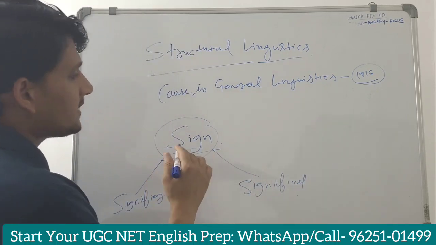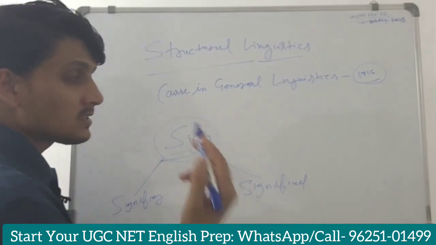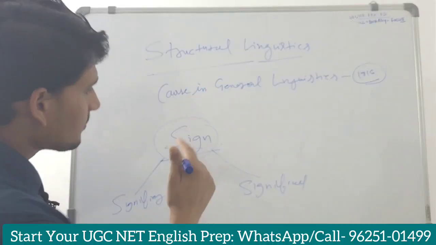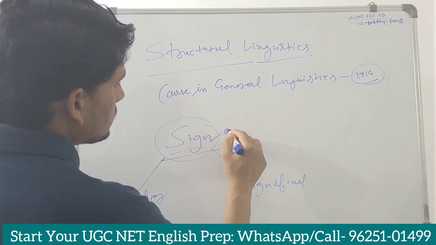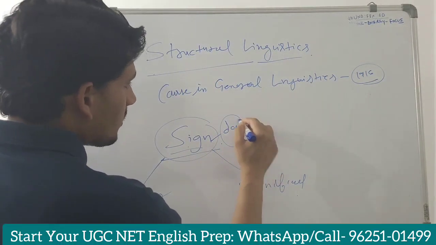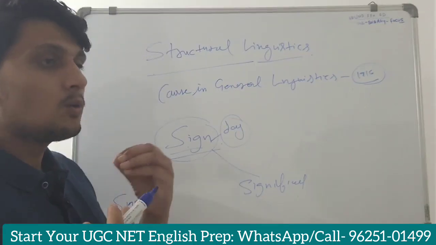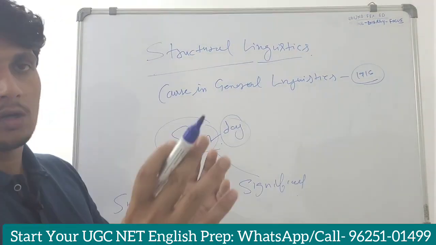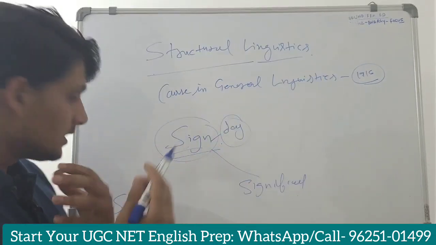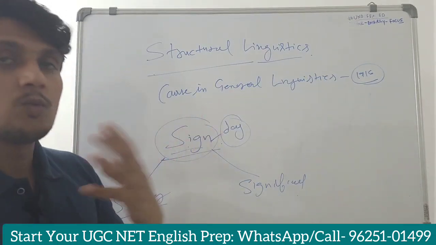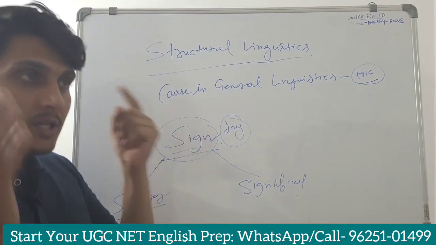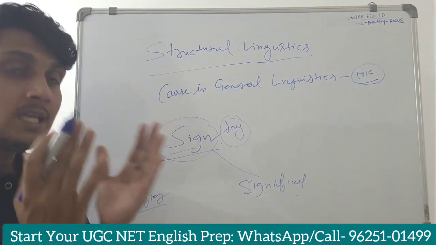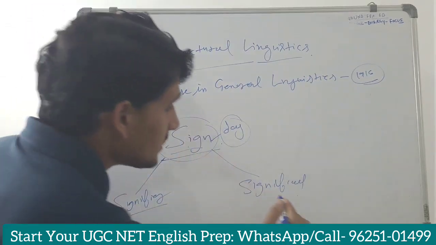This sign can be a text, a human, or a word. For example, this sign word is dog. The word sound, the sound that it creates the moment you say dog, is a signifier. The sound of the word is a signifier. But the picture, the concept, the meaning that you get out of this word is called the signified.